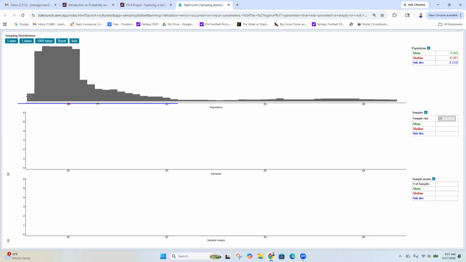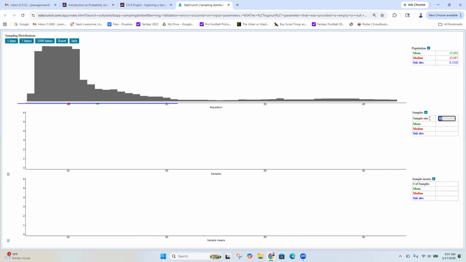You have a couple of people who are unemployed, making zero, but you've got a couple of millionaires up here who make tons of money. You've got some outliers. So if I select a sample from this, I'm going to expect that my sample is skewed right.